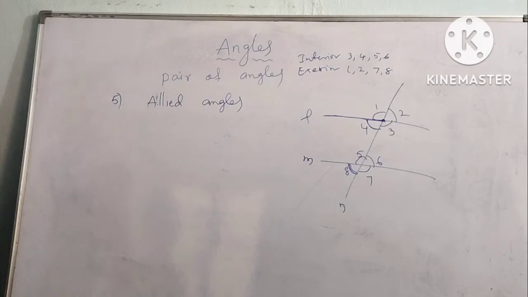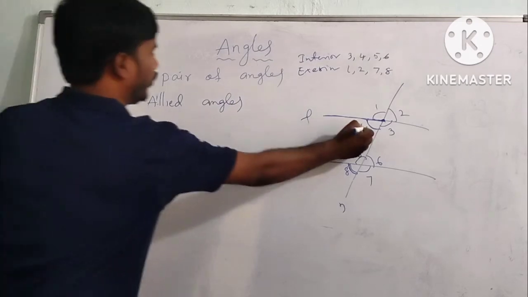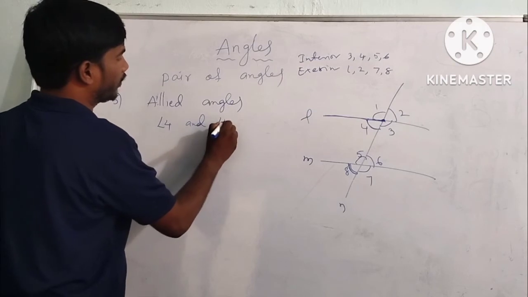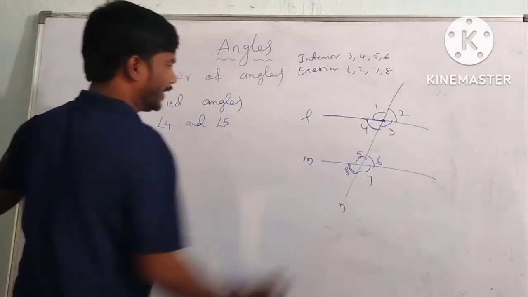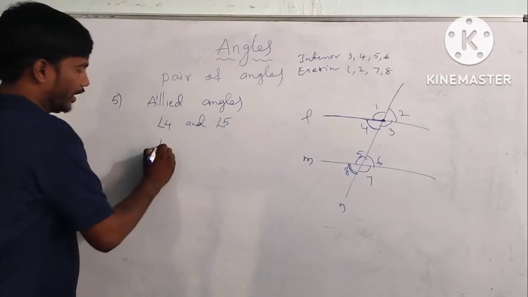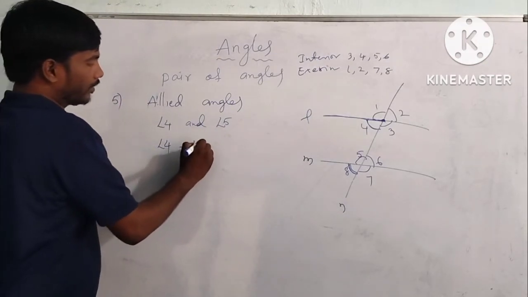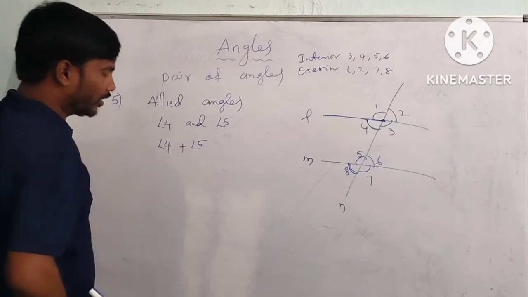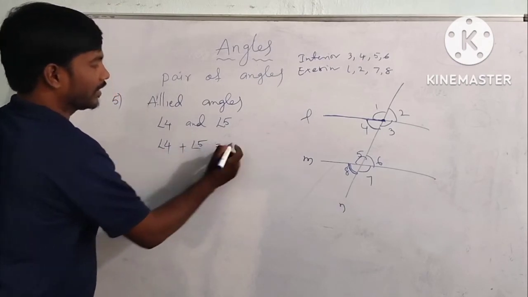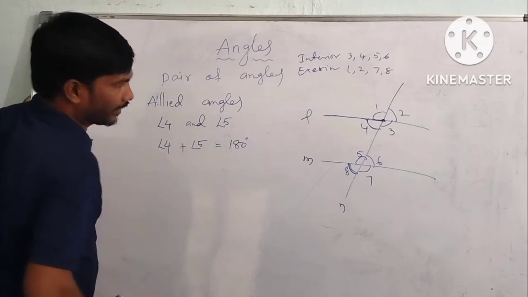Take angle 4 and angle 5. Both of them are interior angles and on the same side of the transversal. If you add those interior allied angles, 4 plus 5, the sum of these two angles is equal to 180 degrees.